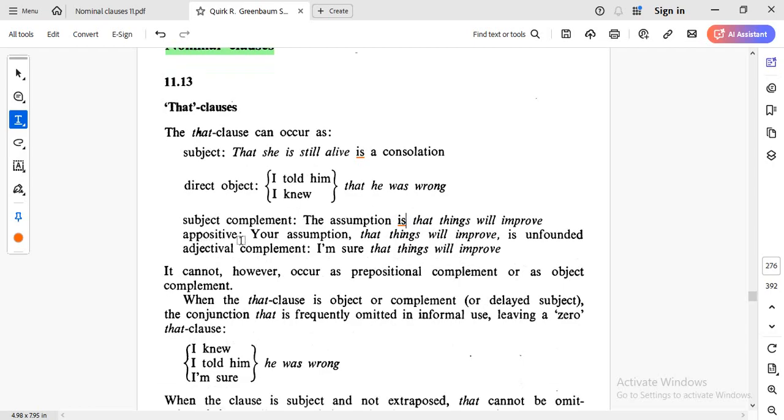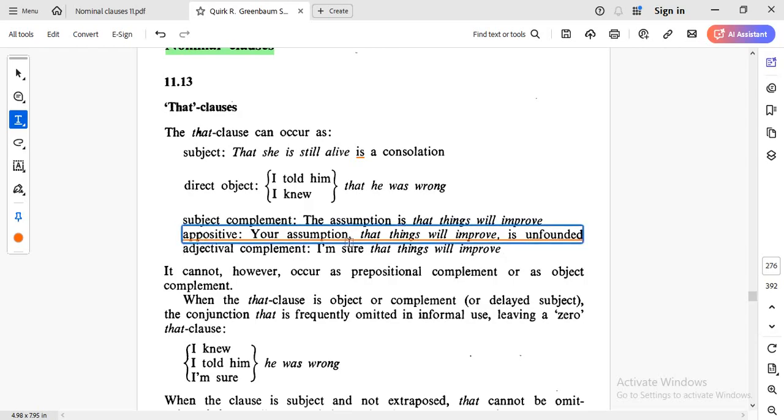If we have an appositive, it refers to extra information about the subject. Your assumption that things will improve is unfounded. Your assumption is the subject, and that things will improve is the that clause that functions as an appositive.